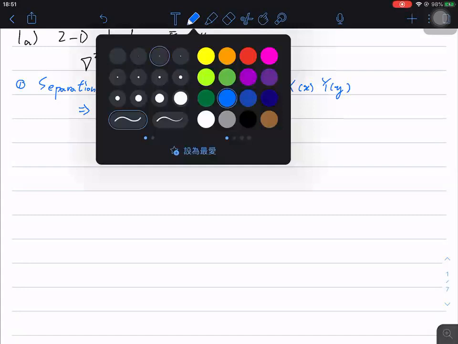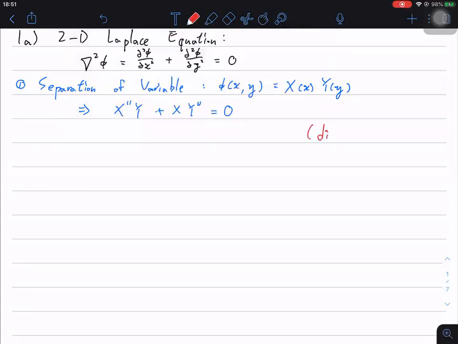And then we divide the whole equation by XY. Then we can obtain this equation. And then we can move X double prime over X into the right hand side, and obtain this equation.